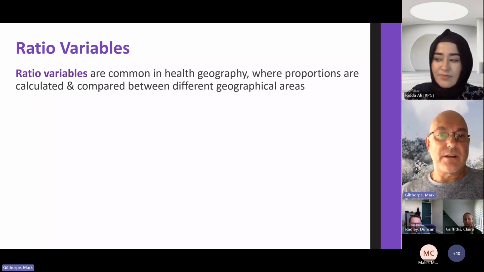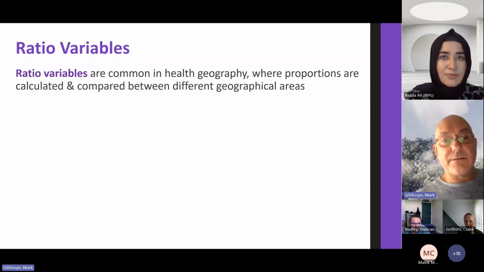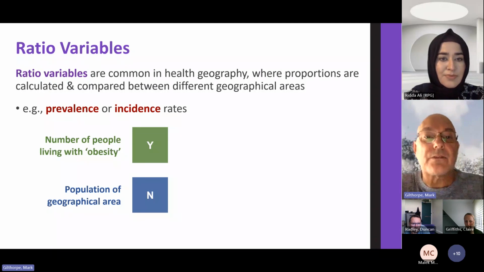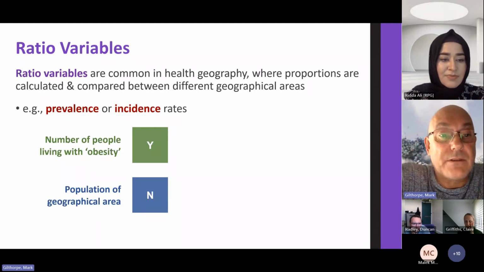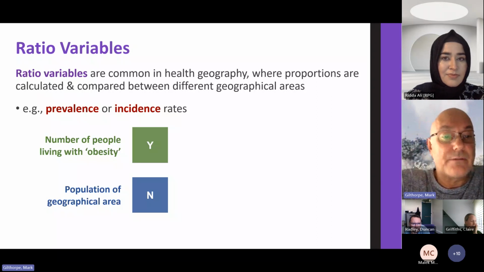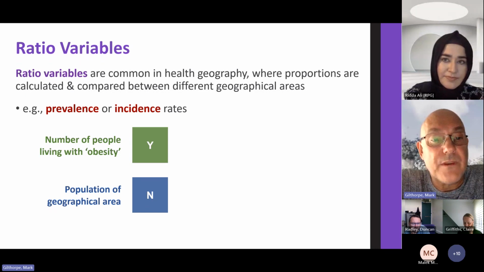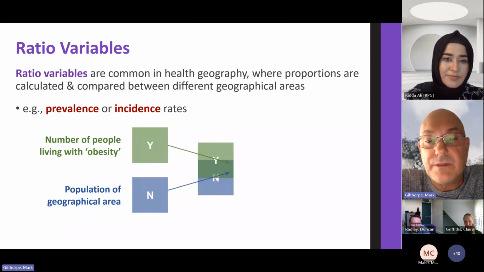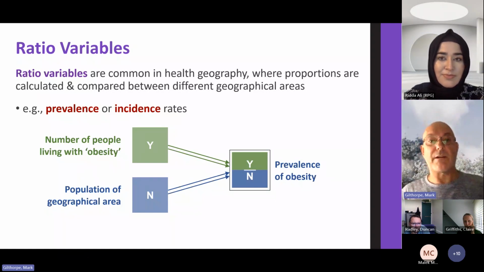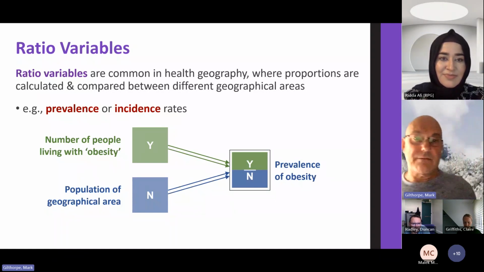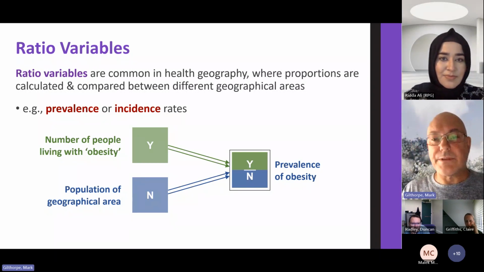And this occurs, for example, in health geography, where we may be interested in the prevalence or incidence of specific conditions by geographical areas. So, for instance, if we were examining the number of people living with obesity across a geographical area, and we divide by the population of that geographical area to get the prevalence of obesity, that would be a small area measure that you could have quite easily calculated for health geography purposes.